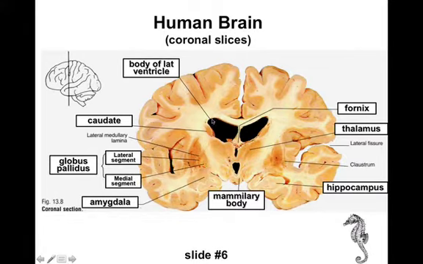What we also can see is the caudate still present here, very small, but still making that lateral wall of the lateral ventricle. And then the body of the lateral ventricle as well. So now that we've gone past the anterior commissure, we're seeing that body of the lateral ventricle, and we're positioned right up in there.